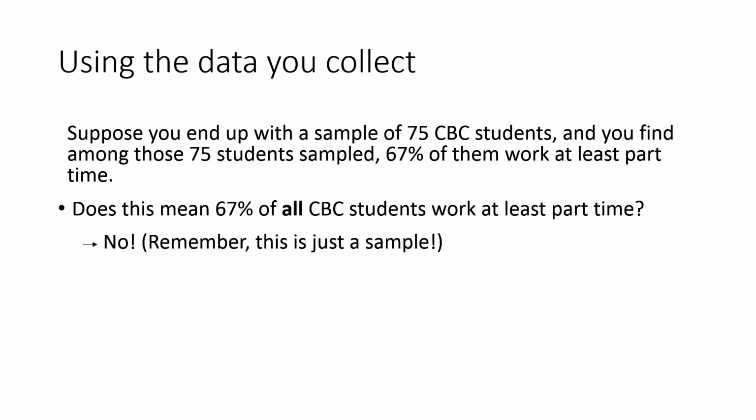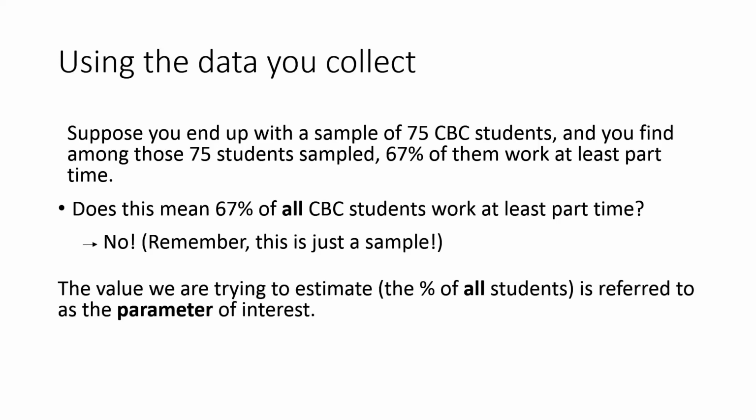And the answer is, well, pretty much no, right? Because remember, this is just a sample. We only observed 75 of the some 7,000 CBC students. So even if 67% seems like a reasonable guess for the whole population, in reality, the truth for the whole population probably isn't exactly 67%, and we kind of realize that.